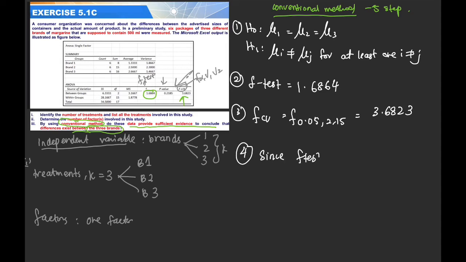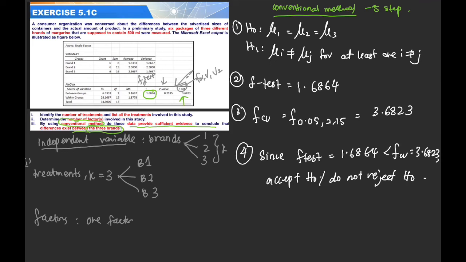So step number 4, reject or accept H null. Since F test equals 1.6864 is less than F critical value 3.6823, you have to accept H null, or do not reject H null.